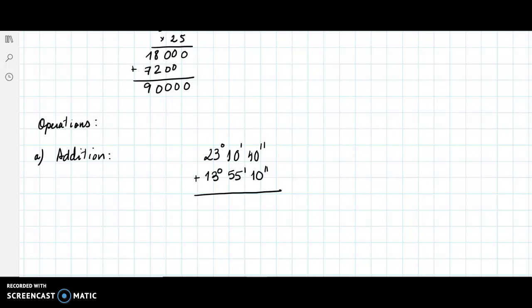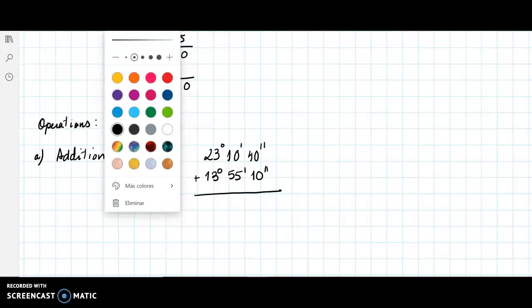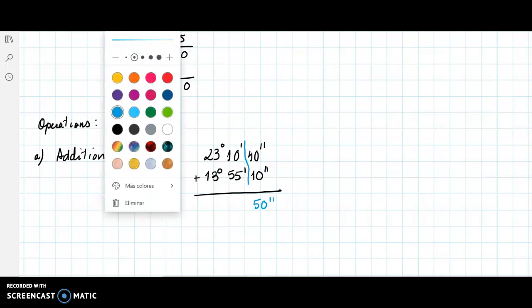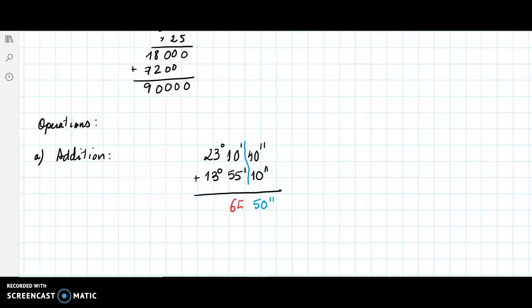In first place, I have to do the addition with the seconds. If we add these two numbers, we get 50 seconds. Now I add the minutes. I get 65 minutes.